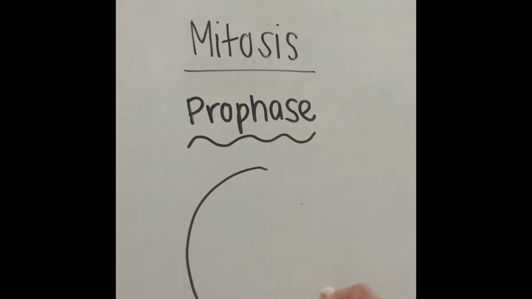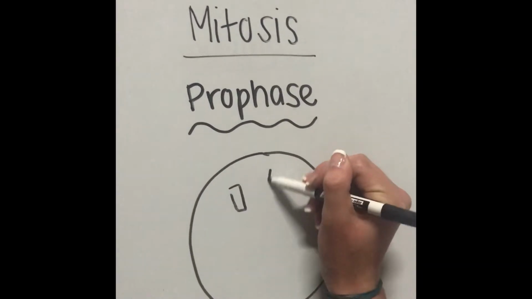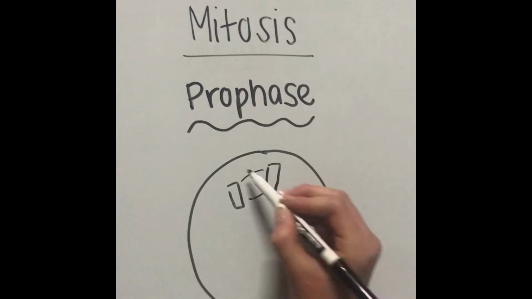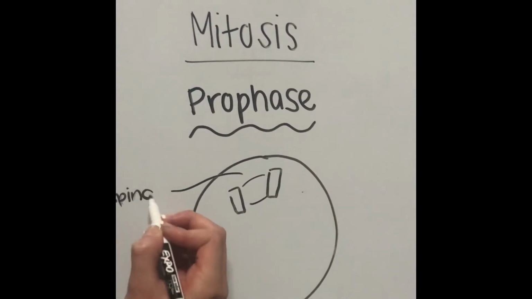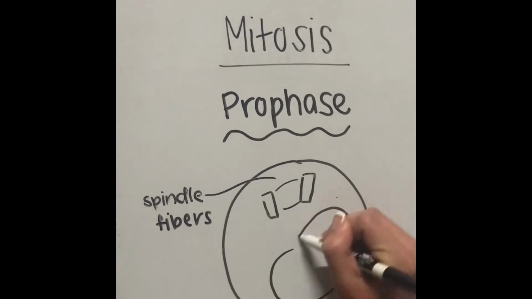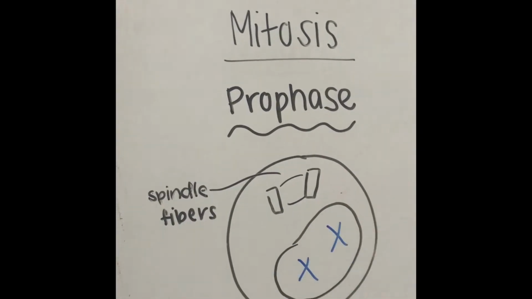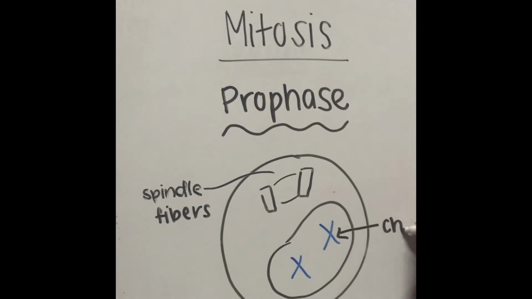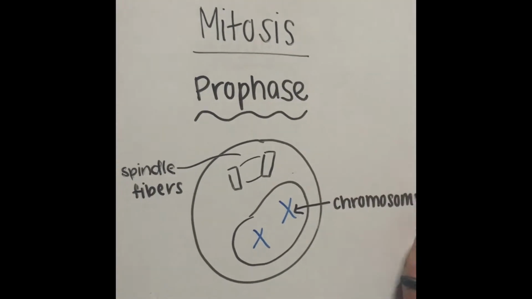The first part is prophase. Spindle fibers are created thanks to the centrioles. These are chromosomes, which are a form of DNA.